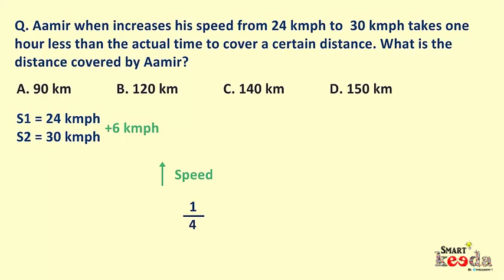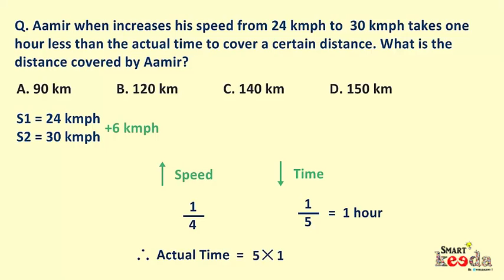Therefore, applying the concept of constancy, which we discussed in the first video tutorial, we can find the decrease in time, which will be 1 by 5 and which is equal to 1 hour as given in the question. Therefore, the actual or initial time is equal to 5 into 1, which is 5 hours.